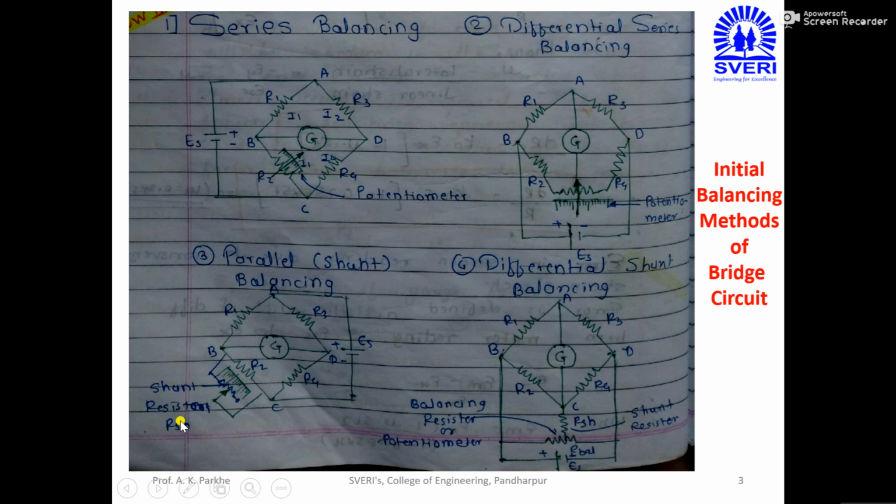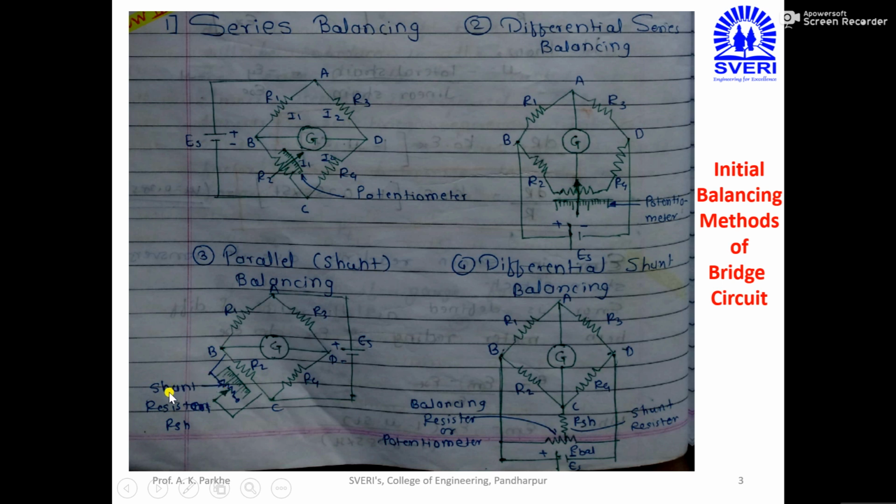But that shunt resistor has one important property: it has a much larger resistance value as compared to the resistor mounted on the arm of the Wheatstone bridge circuit. For example, if this R2 has a resistance value of 348 ohm, then this shunt resistor has a resistance value of 1000 ohm.